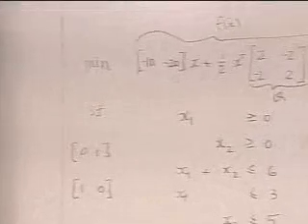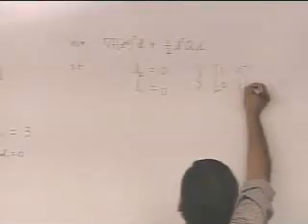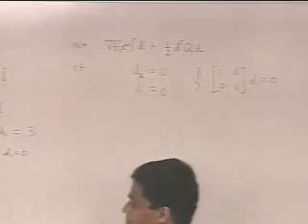What are the rows here for the tight constraints? This row looks like 0, 1. This row looks like 1, 0. So the corresponding constraint would simply be to take those two rows and set it equal to 0: the matrix with rows 1, 0 and 0, 1 times d equals 0. Which is the same thing as saying d2 is equal to 0 and d1 is equal to 0.